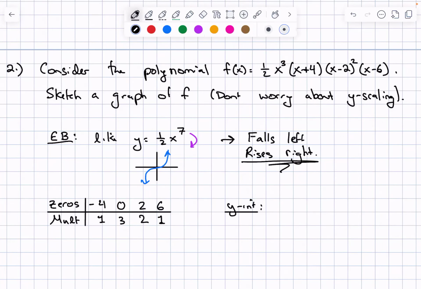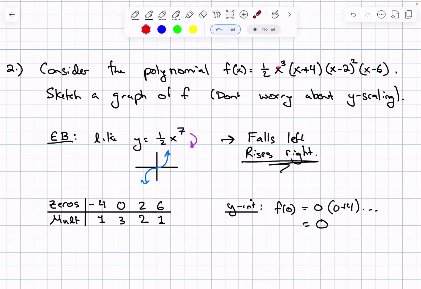So f of 0, because remember, for a y-intercept, you're setting x equal to 0, but with function notation, that means plugging in 0. And that would just end up being 0 times a bunch of 0 minus 4 plus 4 times dot dot dot. It just equals 0. Because this thing is 0, it all goes away.